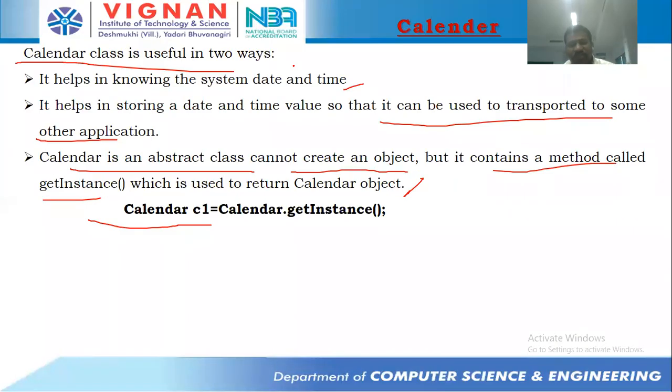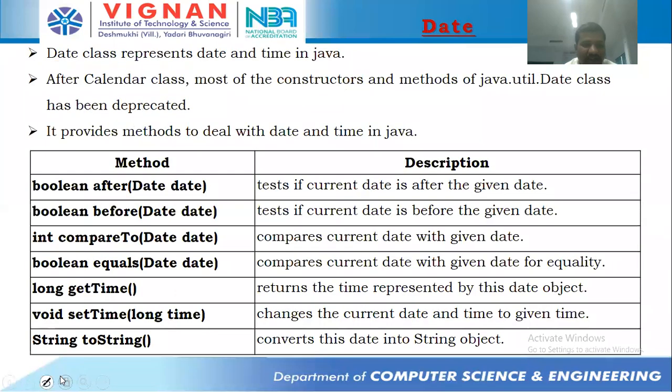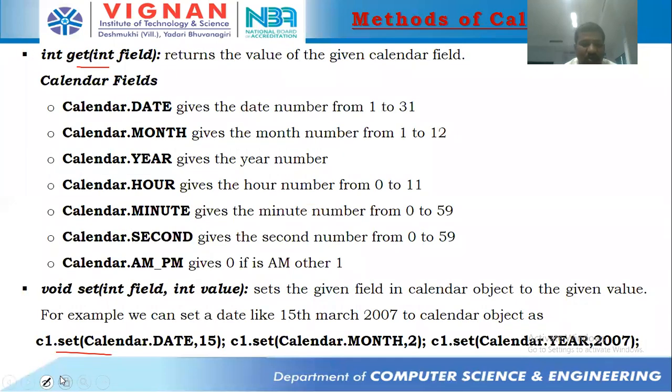Make a note of this first, and then we need to discuss a few other things like the get method and set method. With the help of the get method, we will be getting the date and time, and with the help of the set method, we are going to set the date and time. How we'll be setting and getting, we'll discuss. Just make a note of this fast.